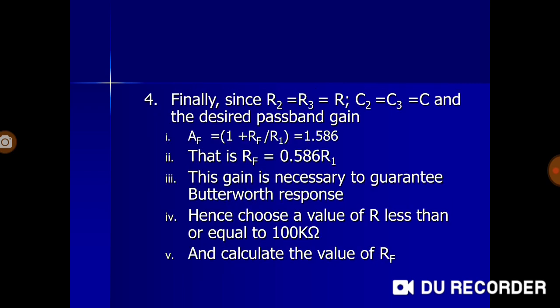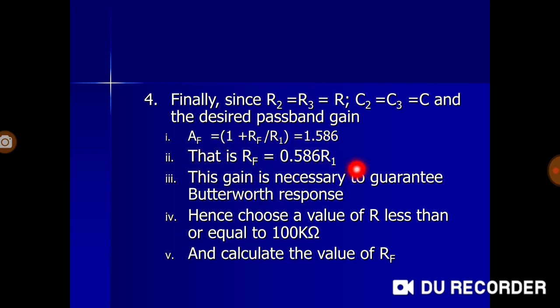So finally we have to take care that R2 R3 is equal to R and C2 C3 is equal to C, and the desired passband gain is always 1 plus RF by R1, which is fixed to 1.586. Since we have this equation, if 1 plus RF by R1 is 1.586, then RF is equal to 0.586 times R1.